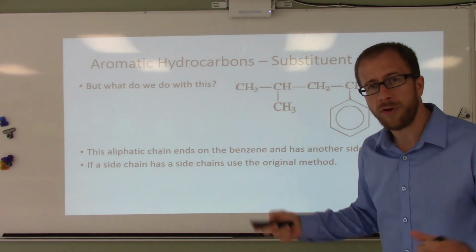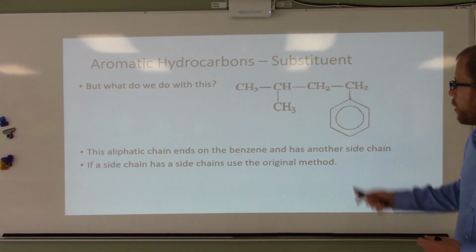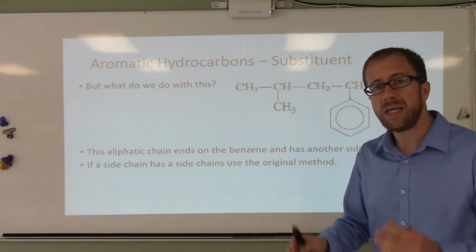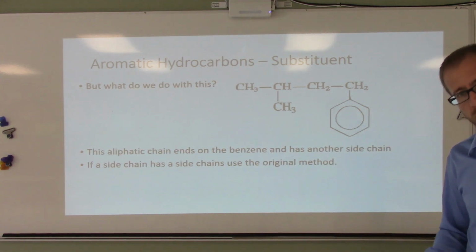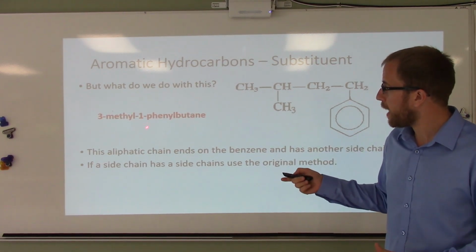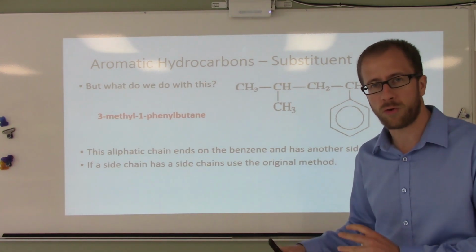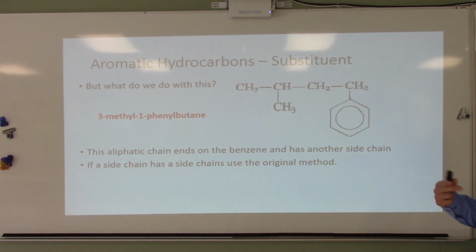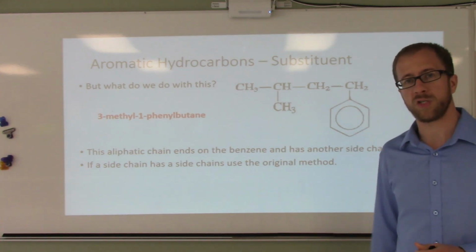So as a result, we have the phenyl group here on carbon 1 and the methyl group here on carbon 3. So if we were to name this, this would be 3-methyl 1-phenyl butane. Now again, alphabetical order still applies to those substituent groups, M before P. Right? And you still want to label them such that your substituent groups have the lowest numbers possible.